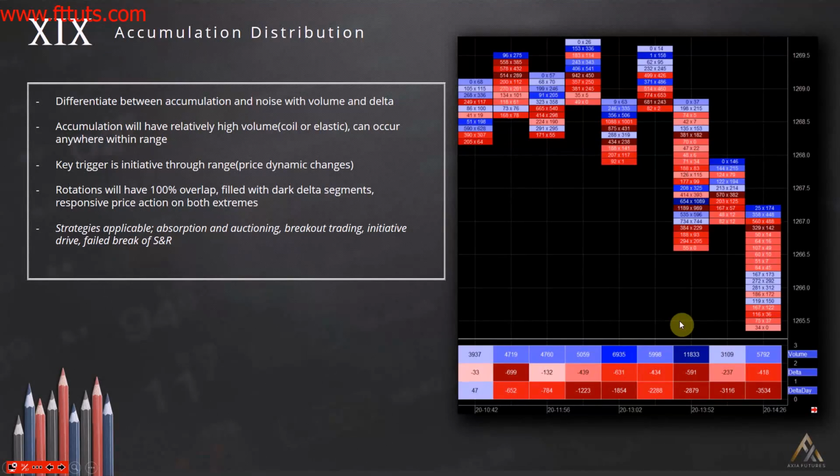It's initiative being taken, whereas consolidation is simply noise. It's the market oscillating around the mean. The most important thing is to be able to differentiate when the market is in this process of accumulation and when it is just noise. When it is accumulating, that's something we need to pay attention to. When it is noise, it's simply oscillating and consolidating, and we want to try and avoid that.